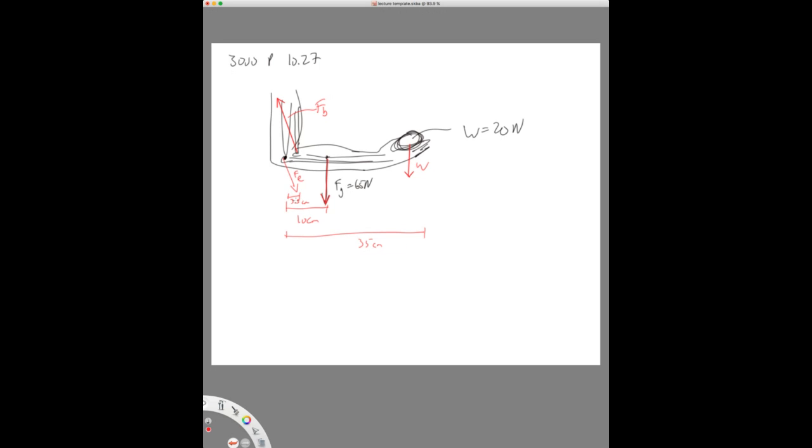Okay, so that's the picture. And what we want to do is choose a pivot point. Again, the natural pivot point of the elbow is also the smart pivot point to choose, because we don't really know what the force on the elbow looks like.